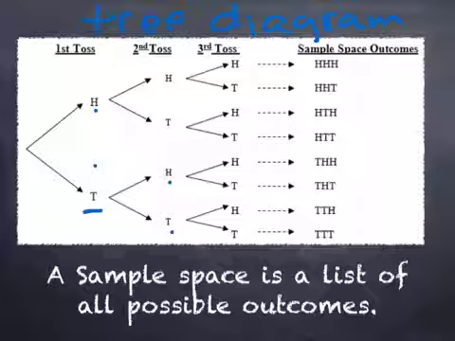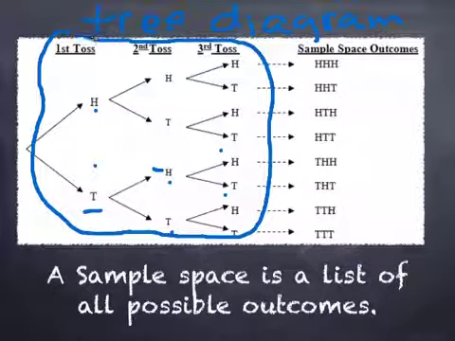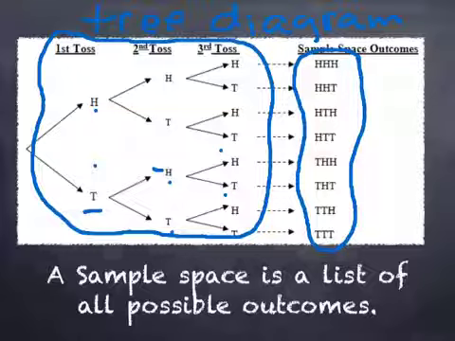And let's say we got heads this time. Then we still toss the coin again and we can get either heads or tails. So this part right here is a tree diagram. And this right here is a way to list sample spaces. So these are the 2 different types of sample spaces that we're going to be looking at today.